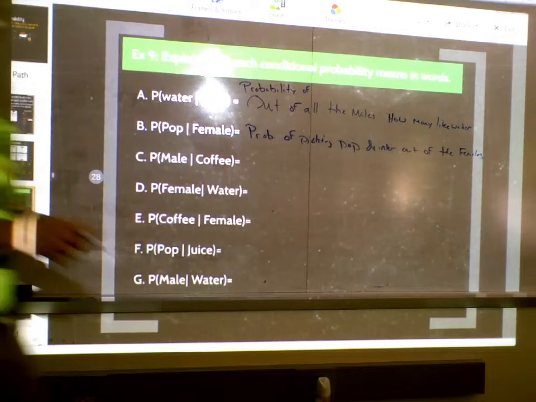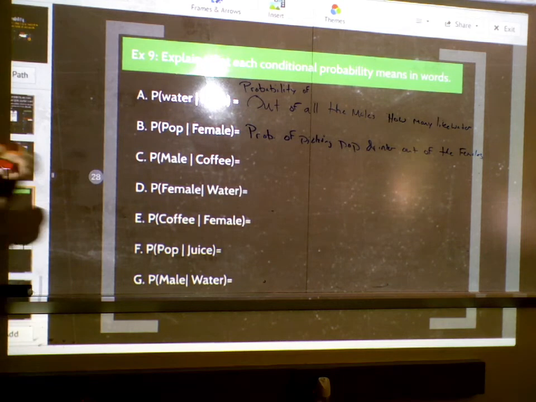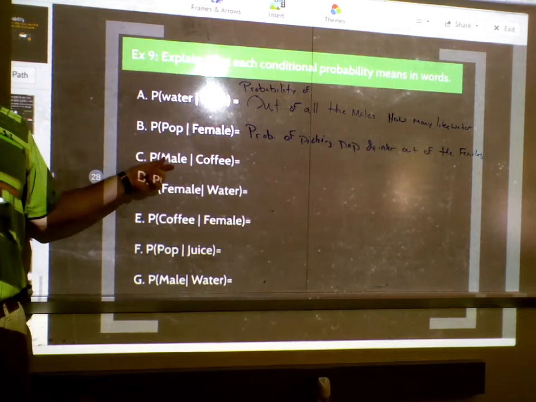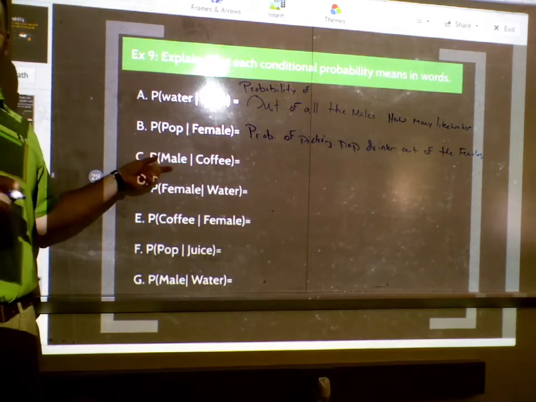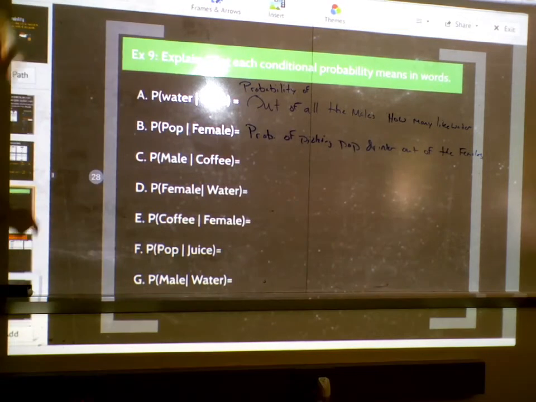If you say the female pop drinkers, that's kind of an and statement. If I say the male coffee drinkers, that's an and statement, right? If I say out of all the coffee drinkers, the probability someone is male, then I'm looking just at the coffee drinkers, and then who's a male. You see the difference?